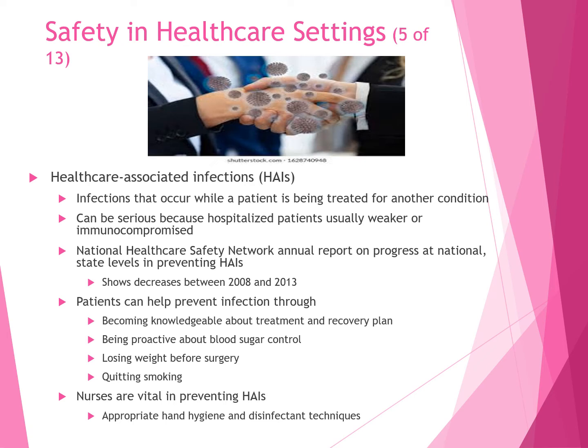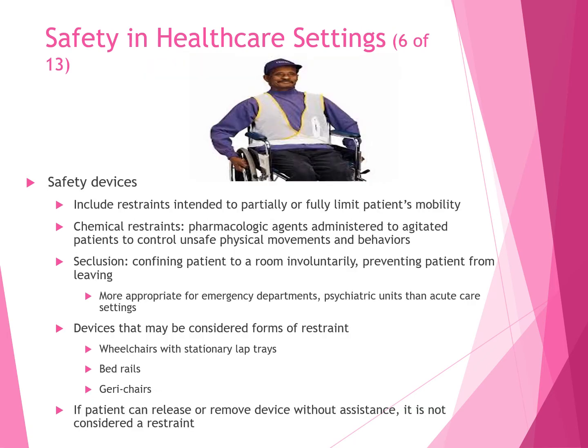Clean equipment appropriately after it's used and before it's used for another patient. Safety devices include chemical restraints, seclusion, and physical restraints. These are intended to partially or fully limit patients' mobility.